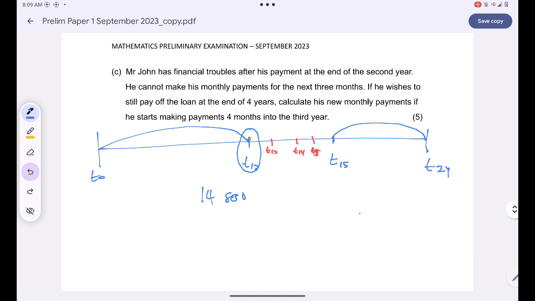Are you together? For the next 3 months, this 14,800 will simply accumulate interest, and then the amount of money that we get over there will become our new present value for the remaining payments. Are you together? The accumulated amount will just become our new present value for the remaining payments.